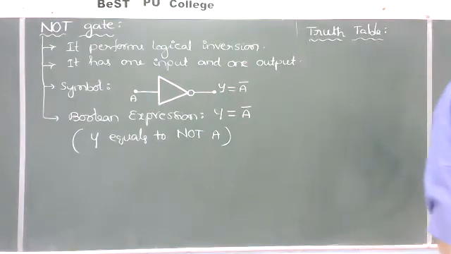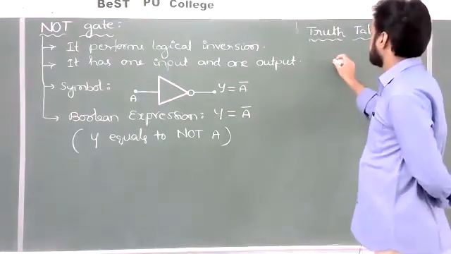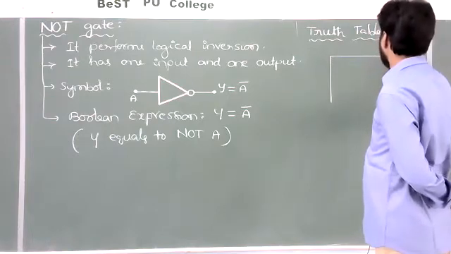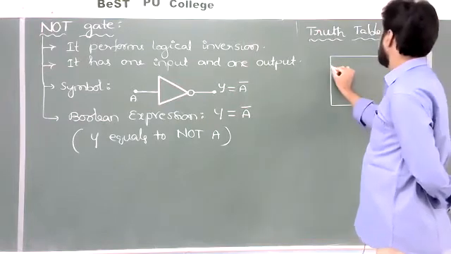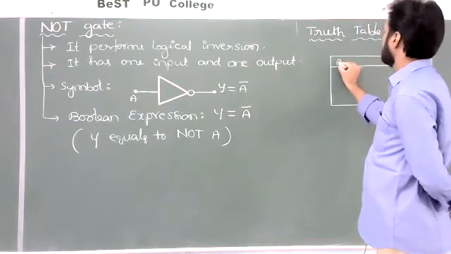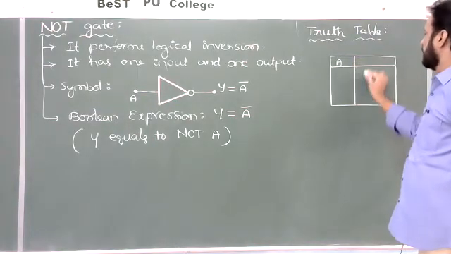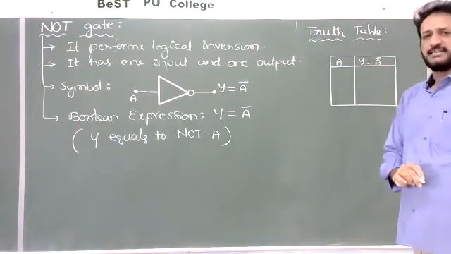So we'll write the truth table of the NOT gate. A very simple truth table only, a bigger one is not necessary. First, only one input, A, and only one output, Y equals not A or A complement.